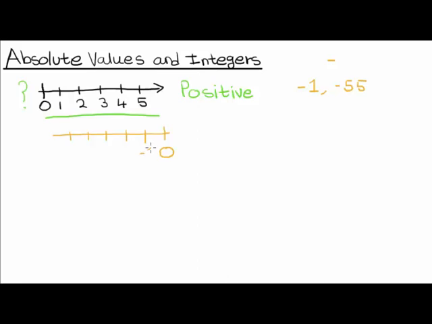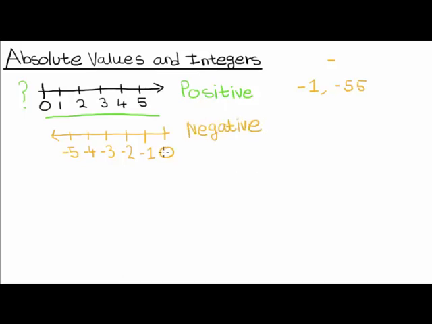So this one right here will be -1. This one right here will be -2. This one right here will be -3. This one right here will be -4. And this one will be -5. Okay? And then it keeps on going in the same way forever. And so these right here are the negatives.